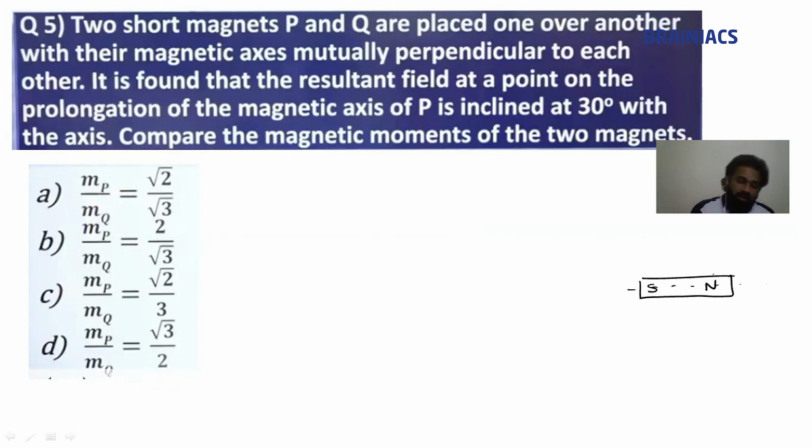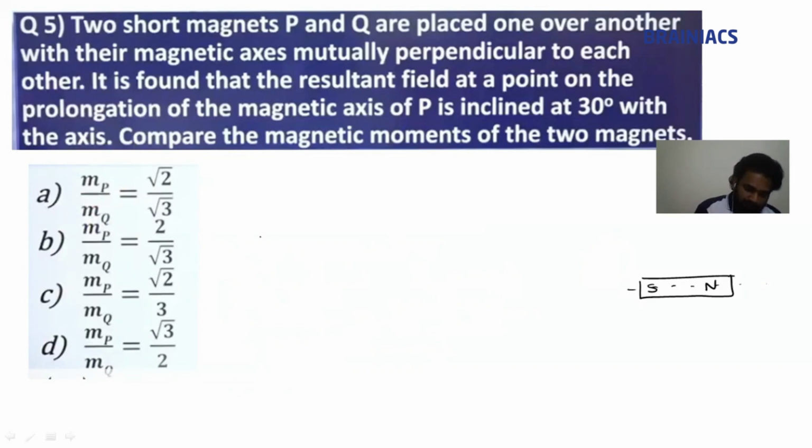It is found that the resultant field at a point on the prolongation of the magnetic axis of P is inclined at 30 degrees with the axis. Compare the magnetic moments of the two magnets, the magnetic moment of P and the magnetic moment of Q.